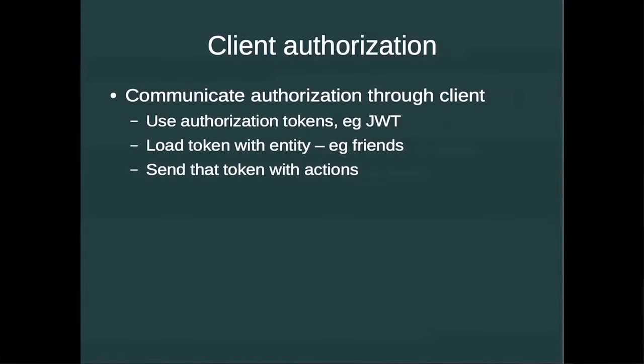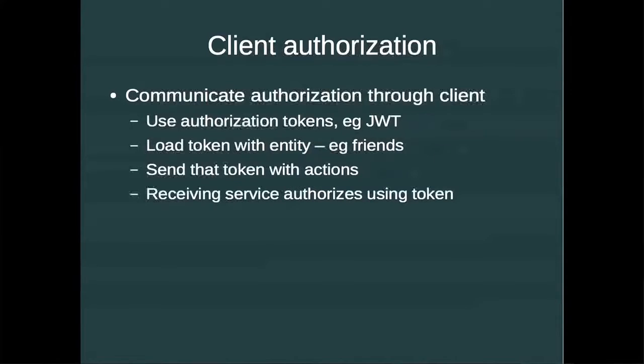Then when the client needs to do some sort of action, like a chirp or posting a comment, it's going to send that token with the action, perhaps in a header. And then the service that receives that can say, okay, first of all, I'll verify the signature, so I know that this token was produced by the friend service and not just made up by the client. And then this action requires this person to be friends with this person, and this token is saying that this person is friends with that person, so I'll allow it.